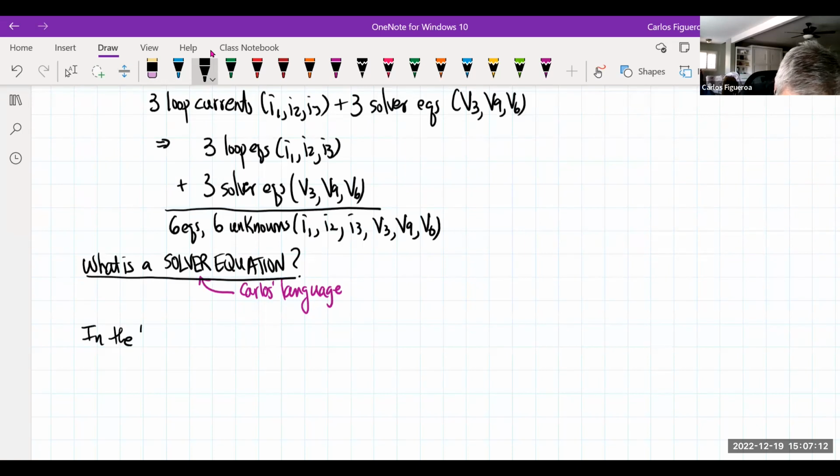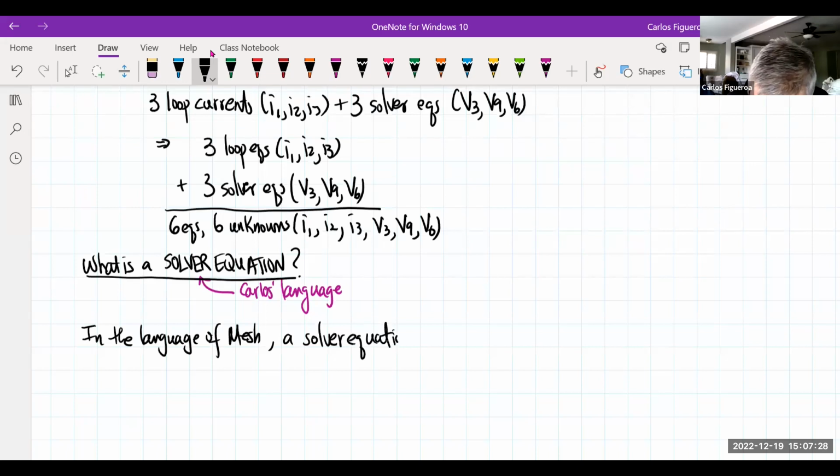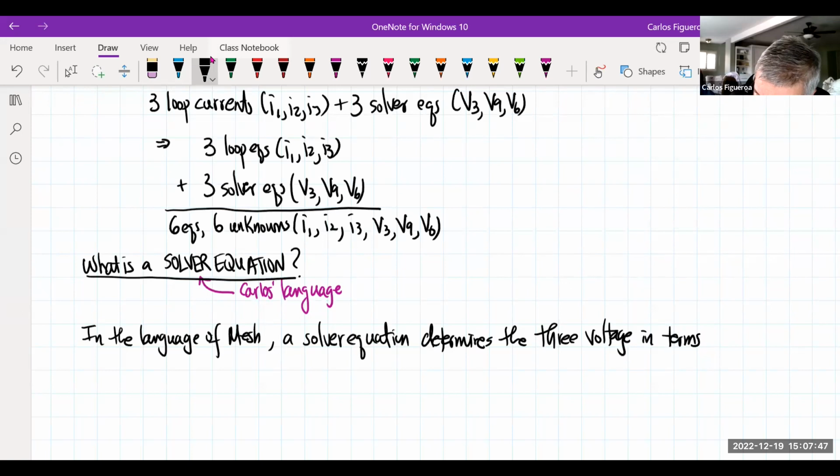In the language of mesh, a solver equation determines the three voltages, the three voltages V3, V9, V6 in terms of loop currents.